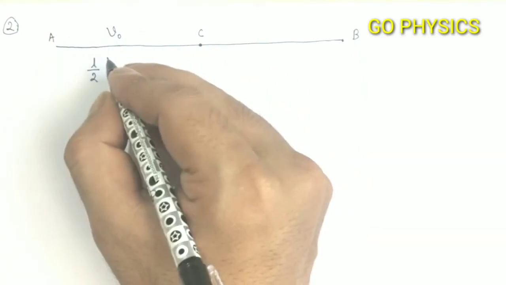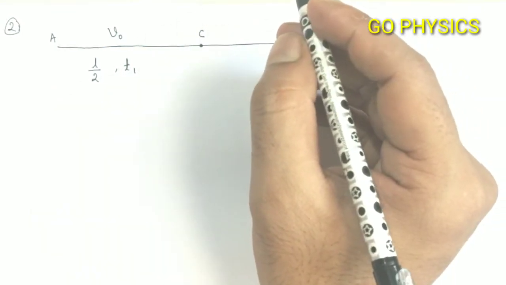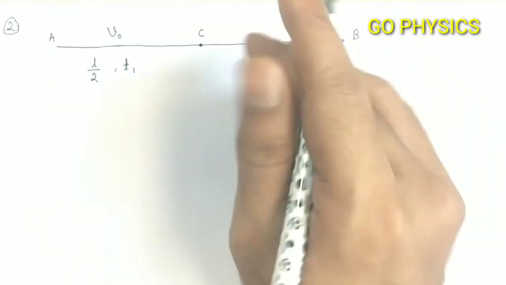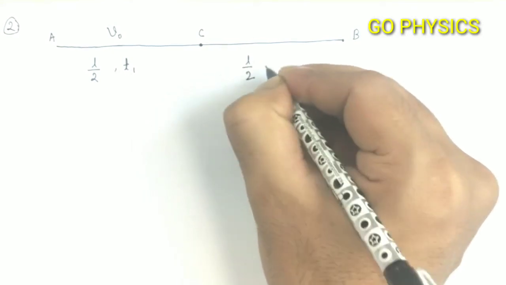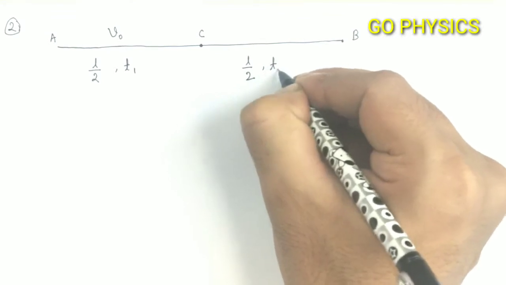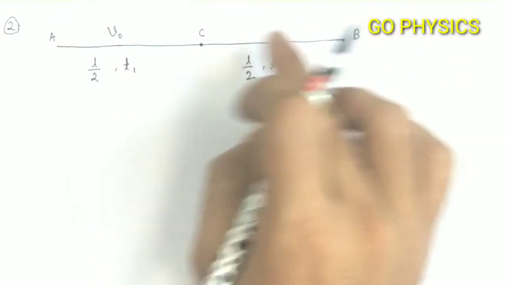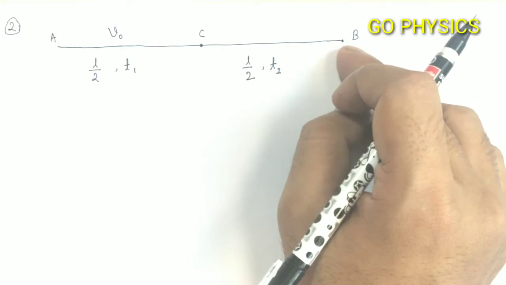For the first half, AC, let us suppose the time taken by the particle is t1. And the remaining part CB, that distance is L by 2. Let us suppose the time taken to cover CB is t2. While going from C to B, the particle goes with two different speeds.